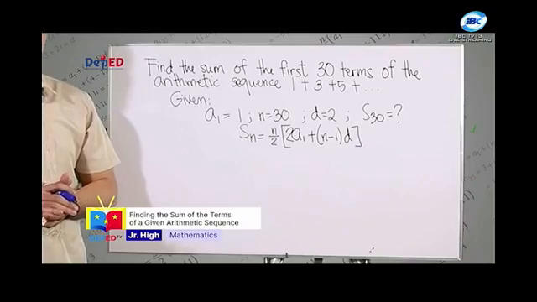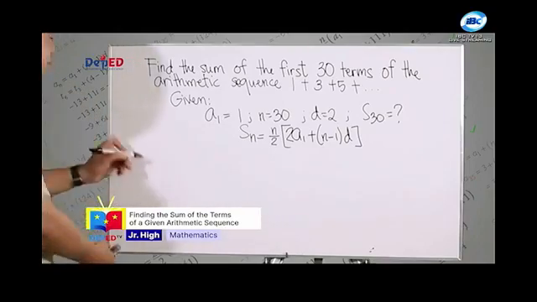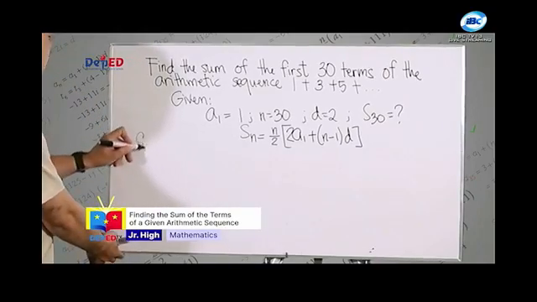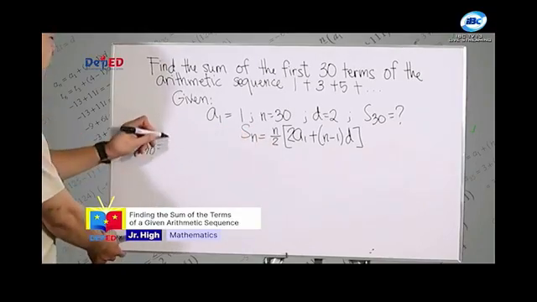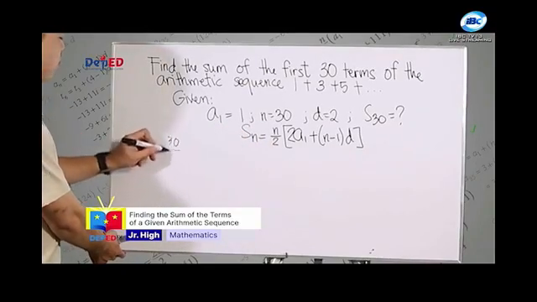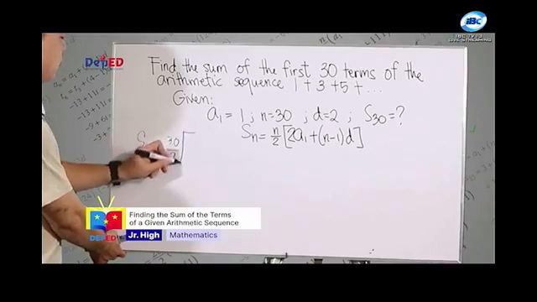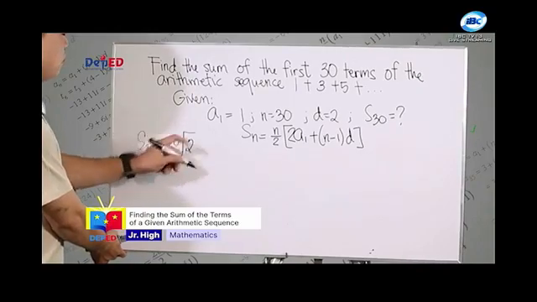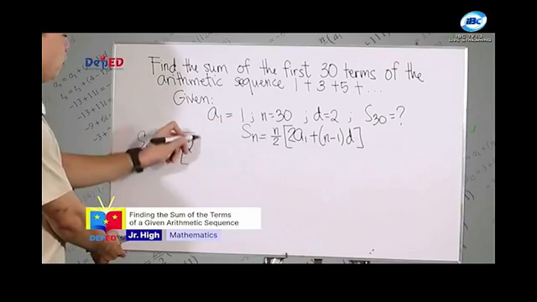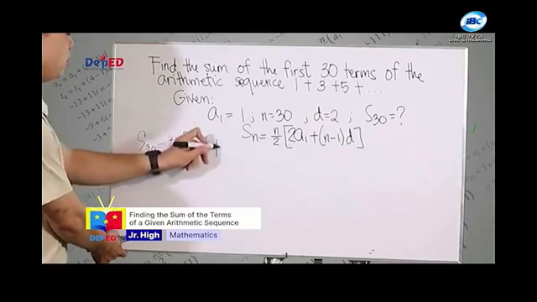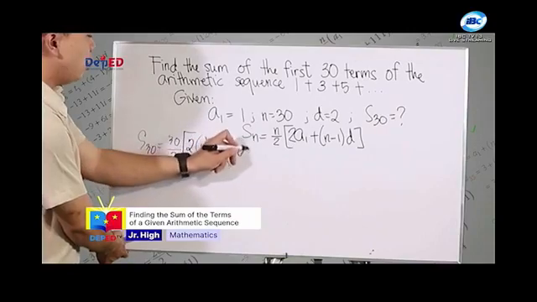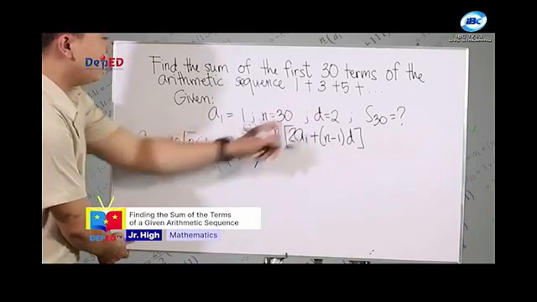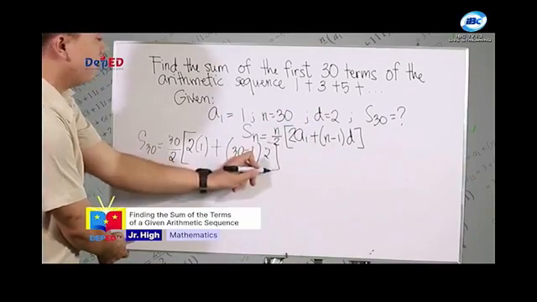Substituting the values in the formula, we will get S sub 30 is equal to, our n again is 30, divided by 2 times the quantity 2 times a sub 1, which is 1, plus our n again is 30 minus 1 times the difference 2.